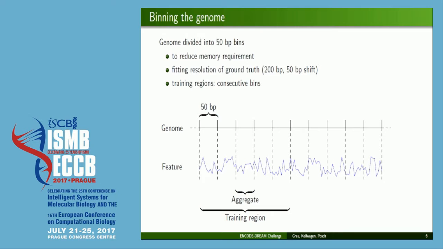So we thought about ways of reducing memory requirements and as the original challenge requested us to make predictions in 200 base pair windows, shifted 50 base pairs by 50 base pairs over the genome, we decided to bin the complete genome into such 50 base pair regions and just compute aggregate statistics in those 50 base pair bins and use those for learning a classifier afterwards. And so a training region for us consists of those aggregate statistics for several consecutive bins on the genome.